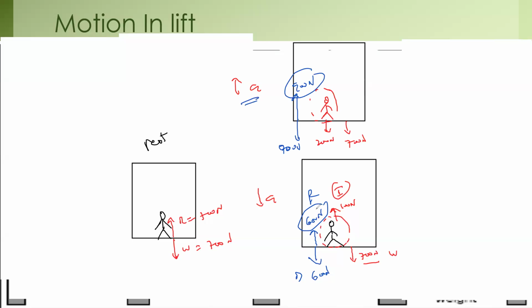Whenever the object is accelerating up, the normal contact force increases. When the object is accelerating downward, the normal contact force will decrease. If the normal contact force increases, it means the downward force is also greater. That's why we will feel heavy. But when the normal contact force decreases, the total downward force is also smaller in magnitude. That's why the object will appear lighter. So when the lift is going down, you will feel lighter.